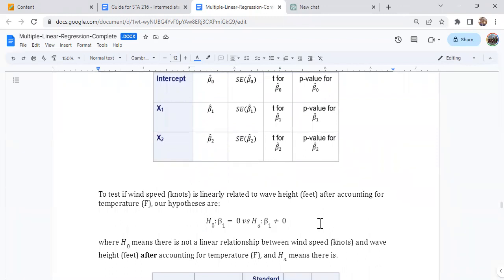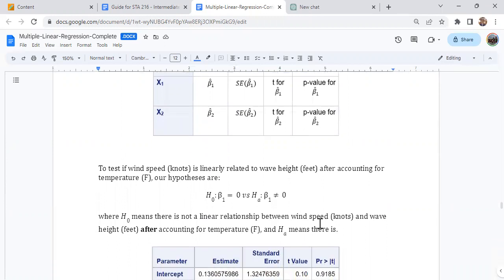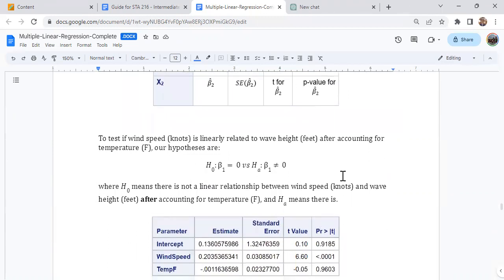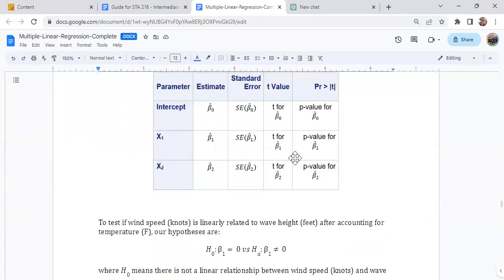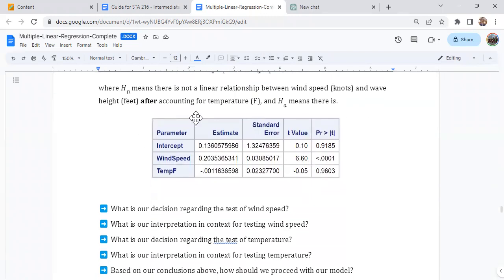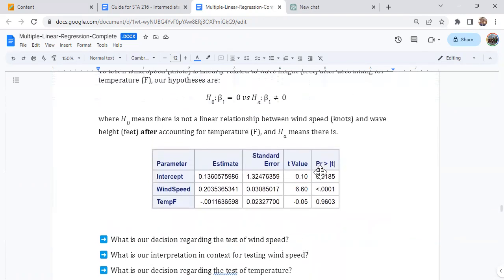For example, to test if wind speed, which was x1, is linearly related to y, the wave heights, after accounting for temperature, since it's multiple linear regression, we interpret it that way. Here are our hypotheses, and that's how we can describe H0. Here's the general table for the individual tests of the betas, and here's the table for this given data set with the numbers filled in.